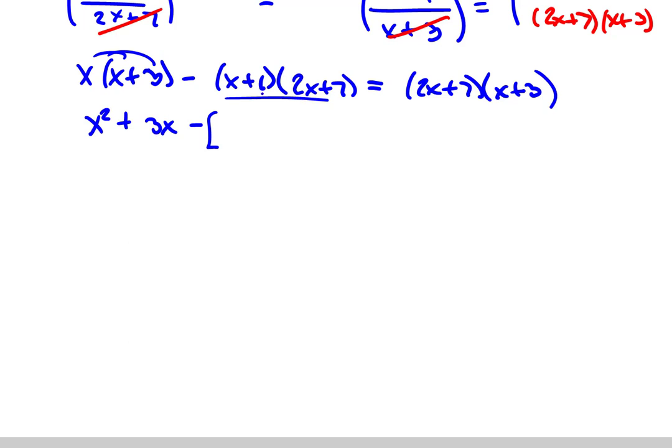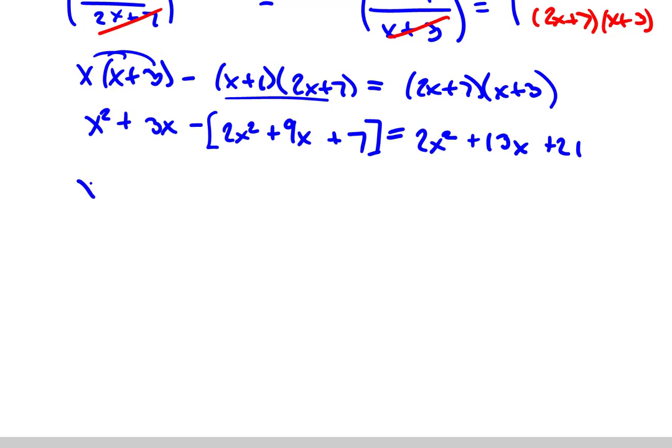So if I FOIL these together, x plus 1 times 2x plus 7, we'll end up with 2x squared plus 9x plus 7. And then on the right side, FOILing these together will give us 2x squared plus 13x plus 21.